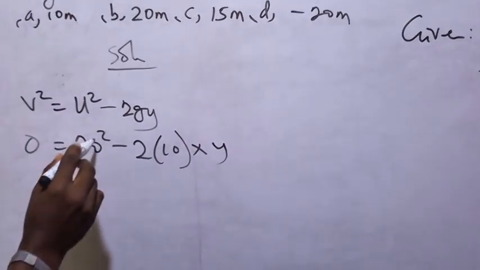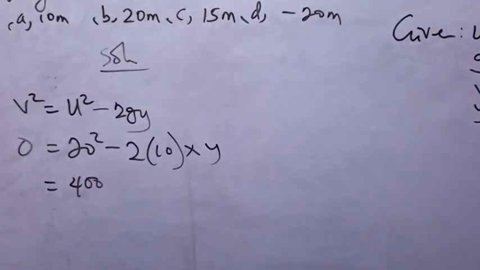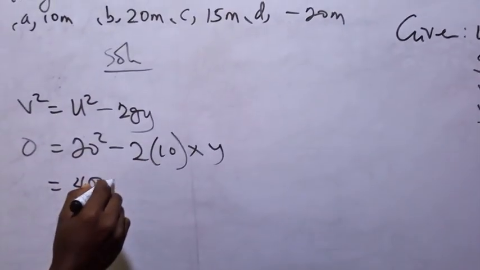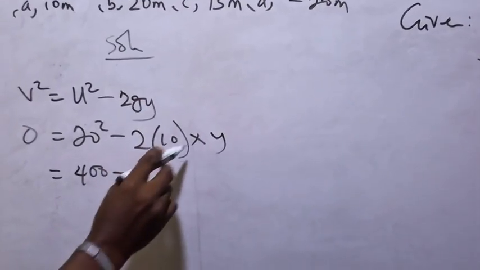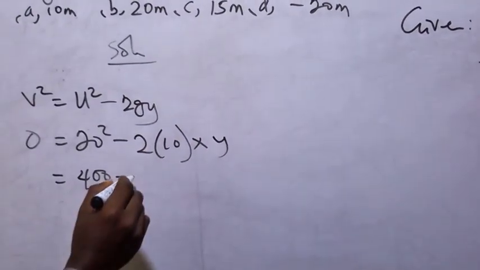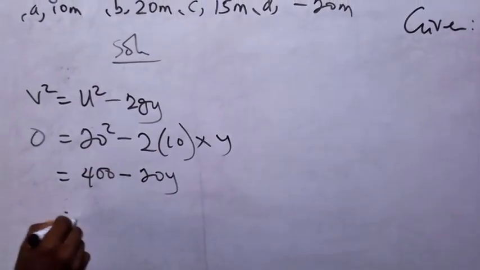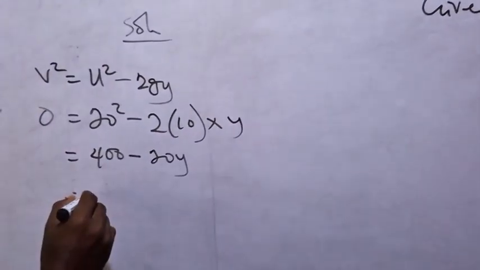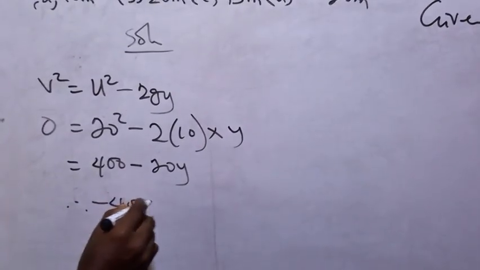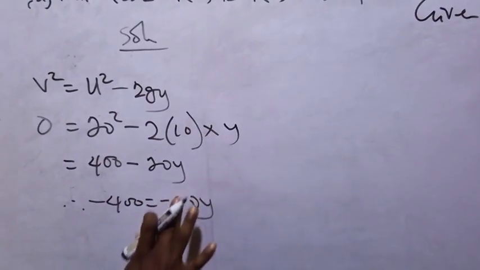That equals 20 squared, which is 400, that is 20 multiplied by 20. Now minus, you have 2 times 10 is 20, multiplied by y becomes 20y. Therefore, moving this to the other side of the equation, we have minus 400 equals minus 20y.